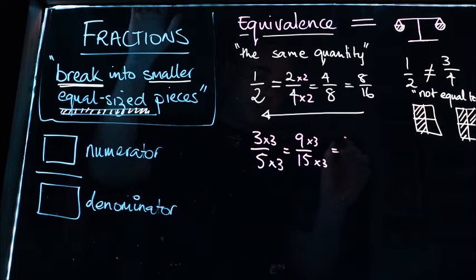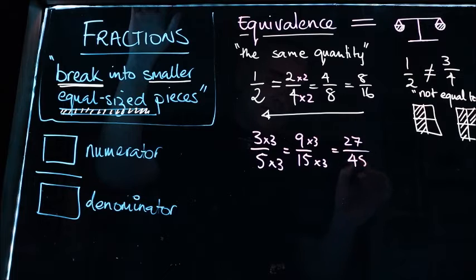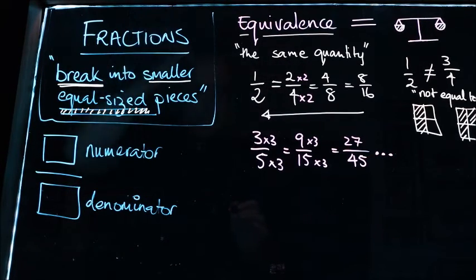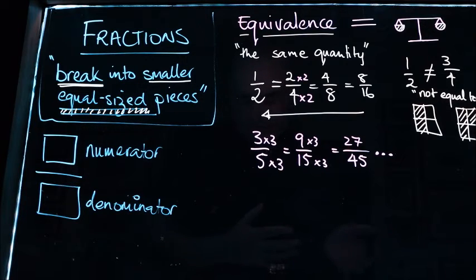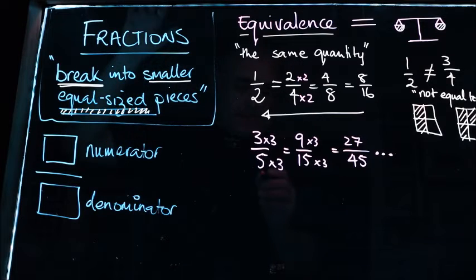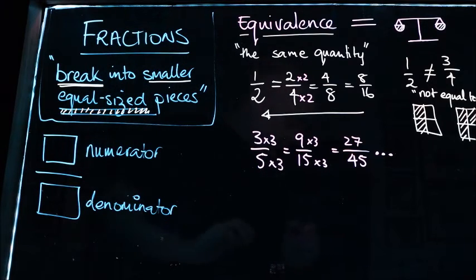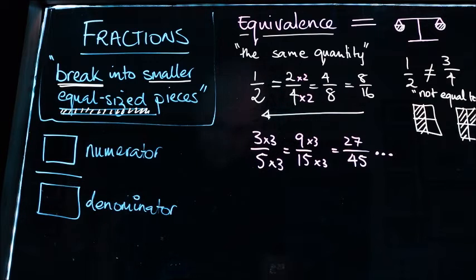So 9 times 3 is 27 over 45. And we could continue on with that pattern. So they're equivalent, they're the same, because eventually they will simplify to what we started with, 3 over 5. So there's a couple here.